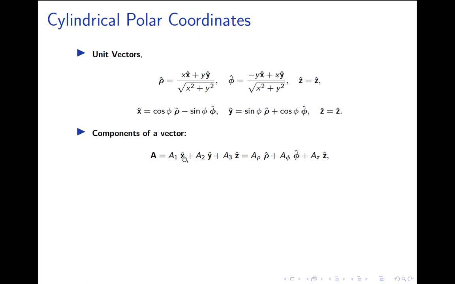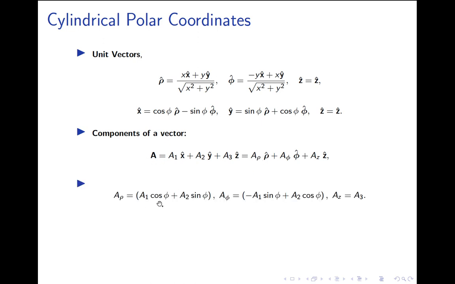So you have a vector with these components in Cartesian, A1, A2, A3. And what you do is that you substitute, instead of x hat, this Cartesian x basis vector in terms of the polar vectors, do that for the y, do that for the z, and assemble terms which have rho hat, and that gives you the rho component of the A vector.